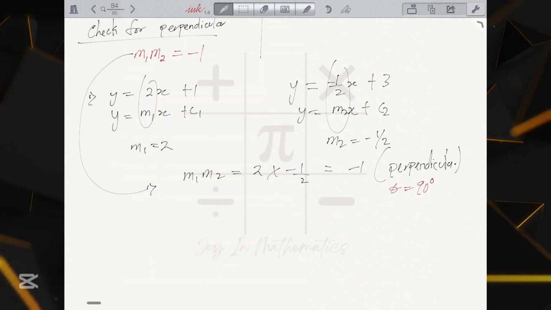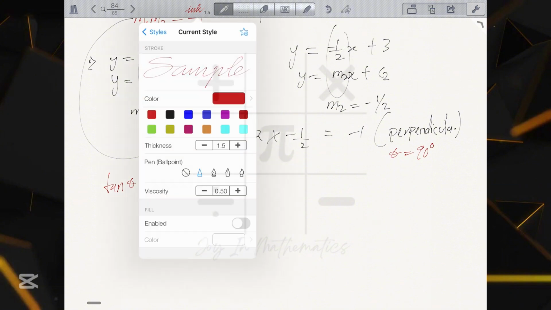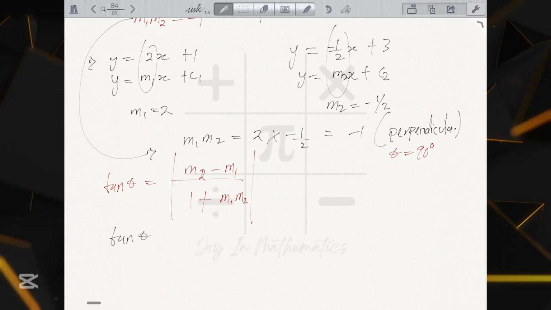However, if we want to solve further using the expression that tan theta is equal to m2 minus m1 divided by 1 plus m1 m2, then if you apply this formula, we'll have m2 equal to -1 over 2, m1 equal to 2, and 1 plus m1 m2, which is 1 plus 2 multiplied by -1 over 2.